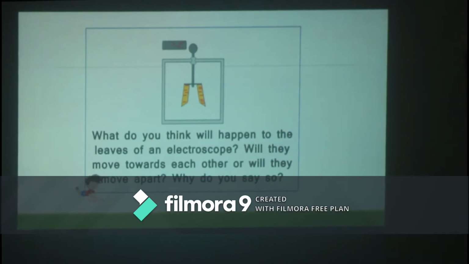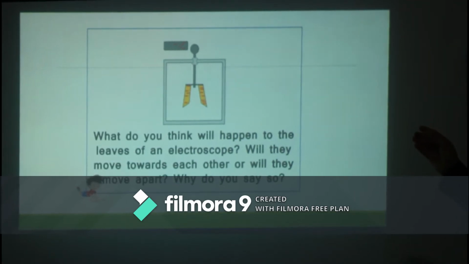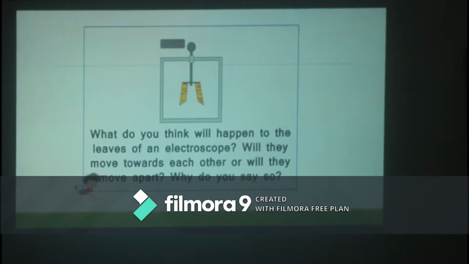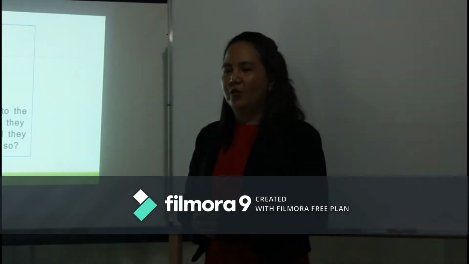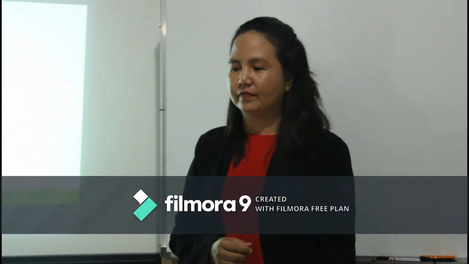What do you think will happen to the leaves of an electroscope? Will they move towards each other or will they move apart? Why do you say so? So you have 2 minutes to write your answers.